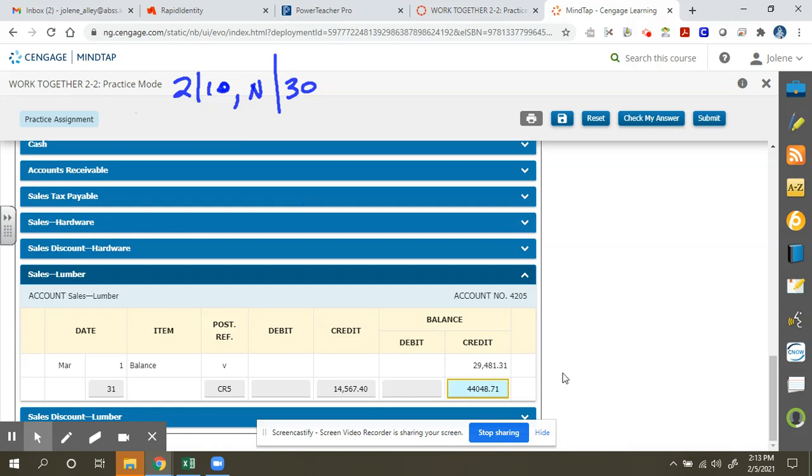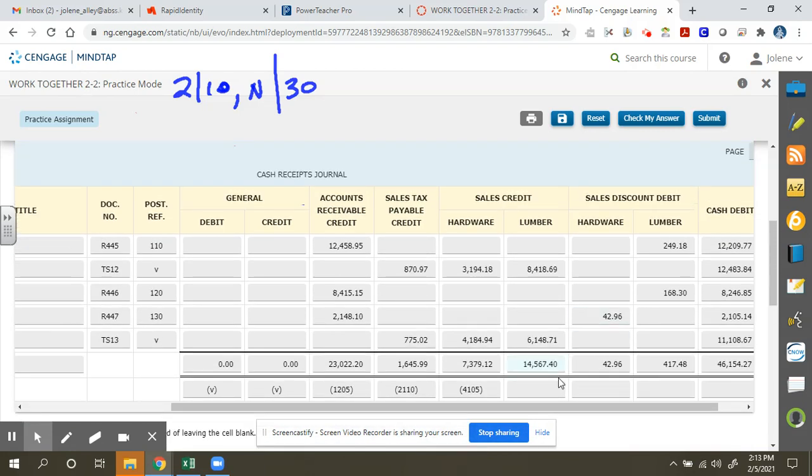Okay, I'm going to do it a second time to make sure I'm right. $44,048.71. All right, now I'm taking their account number, 4205. 4205 parentheses.